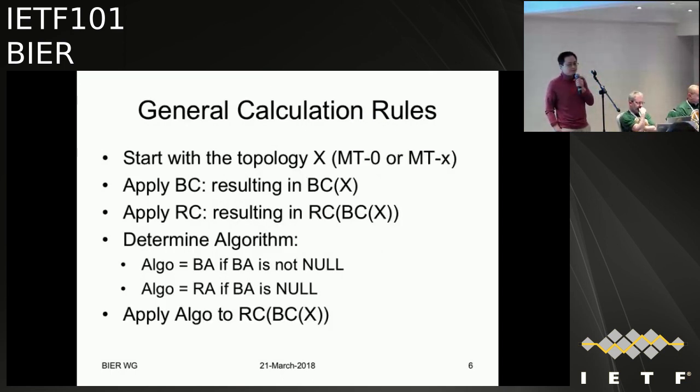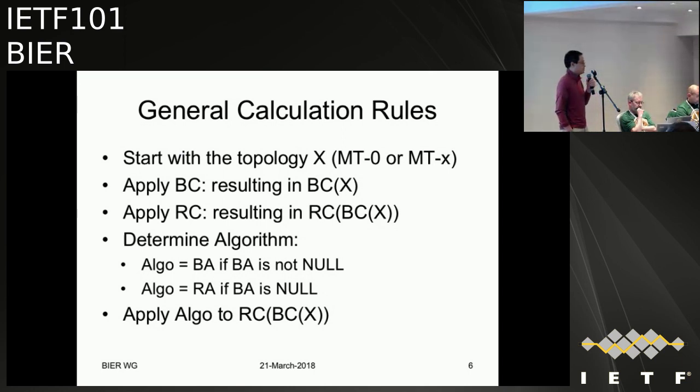So in general, the rules are like this. We start with the topology, which could be the default topology or a particular multi-topology. We apply the BIER-specific constraints, which gives you BC(X). And then you apply the routing constraints, and you get the next one, RC(BC(X)).